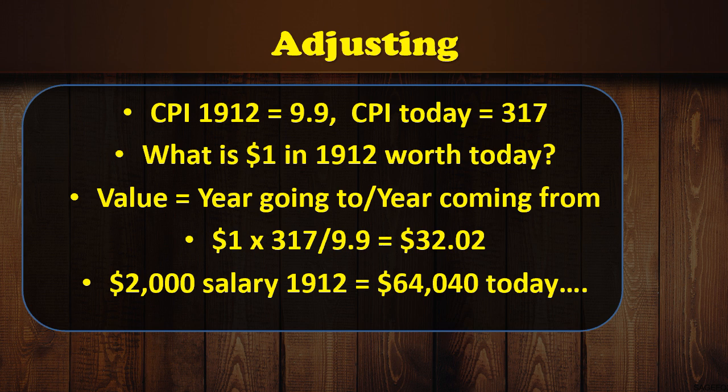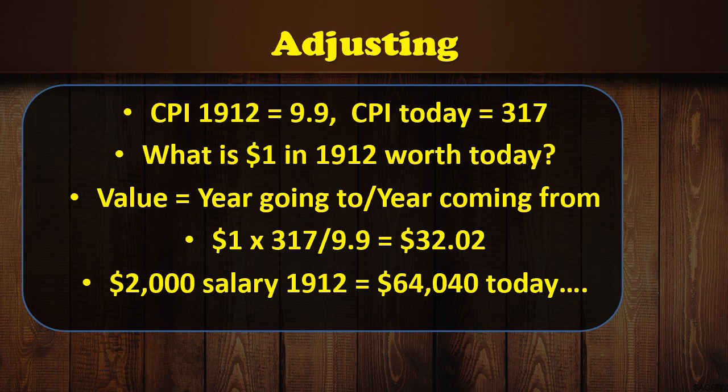What's $1 in 1912 worth today? Well, to find the value, we take the year we're going to and divide it by the year we're coming from. So we're going to 317. We came from 9.9. We're going to take $1, multiply times 317, divide by 9.9, and you get $32.02.